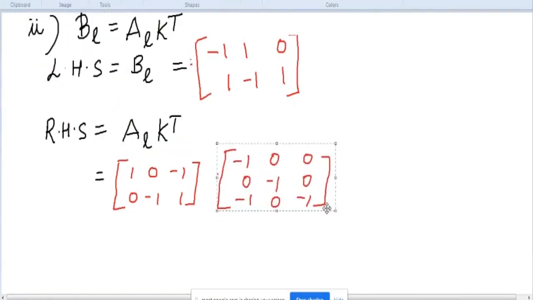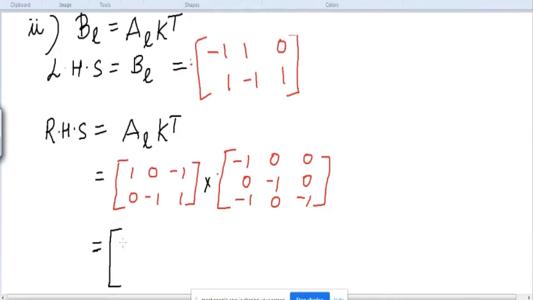So in this way, we have written the values of AL as well as K transpose. Now, when you multiply this, you should get the result as BL transpose. So multiply this and reply with the results, whether the BL transpose is coming or not.